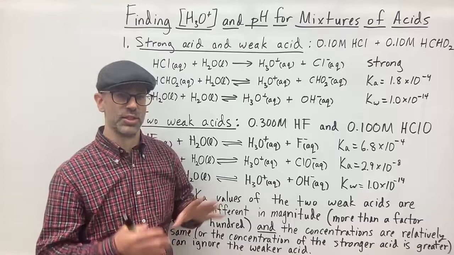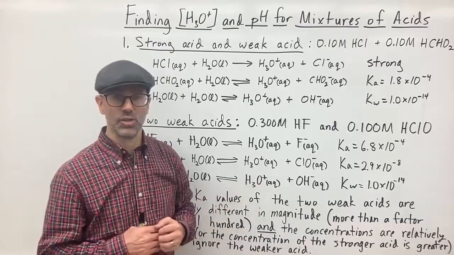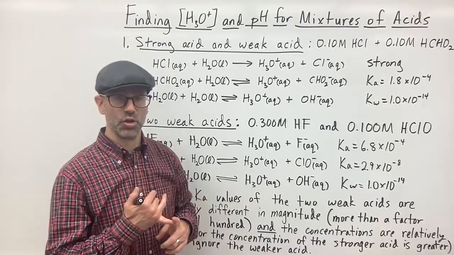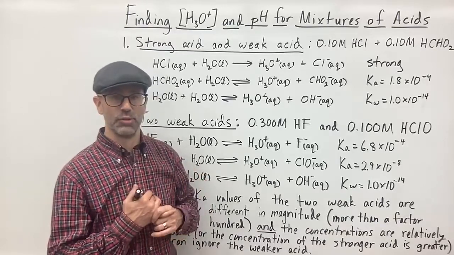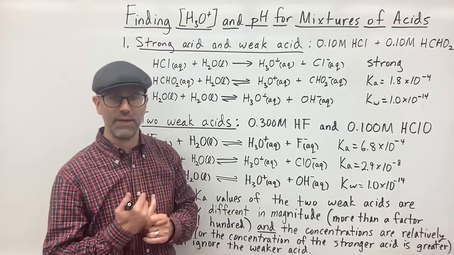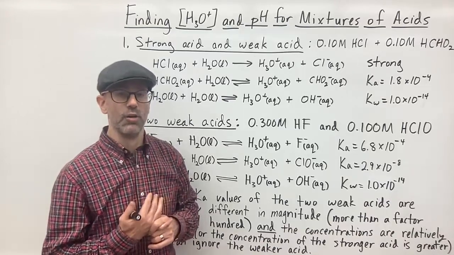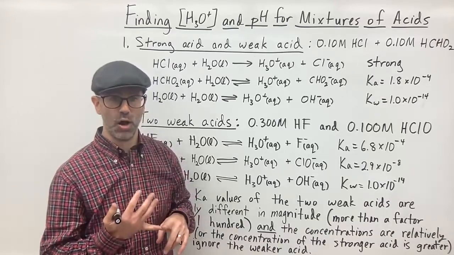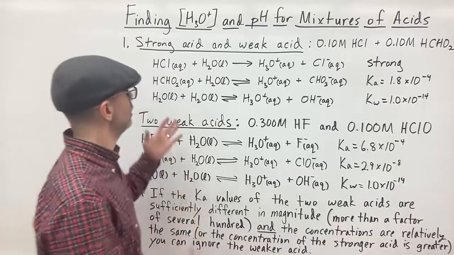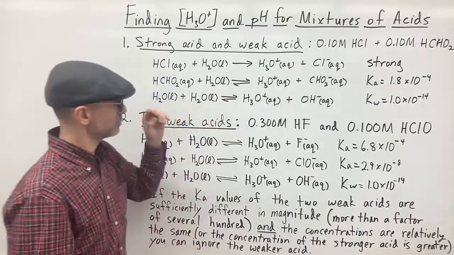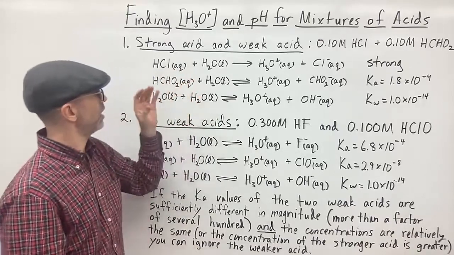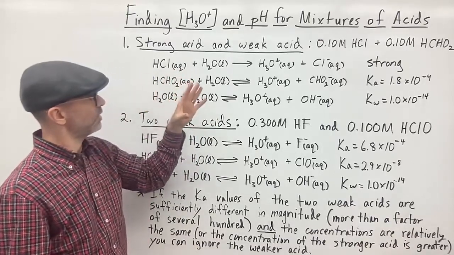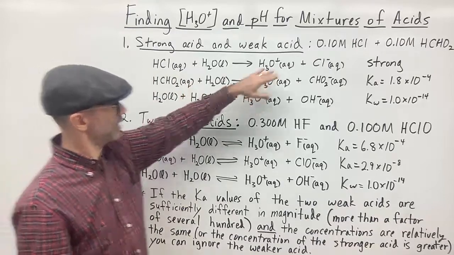But we said we can basically ignore that as long as we're dealing either with a strong acid or with a weak acid that has a relatively high Ka value compared to the Kw for water. Here, we have a mixture of acids, assuming the same concentrations.